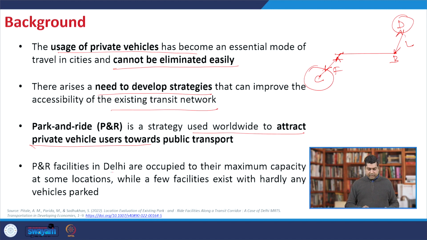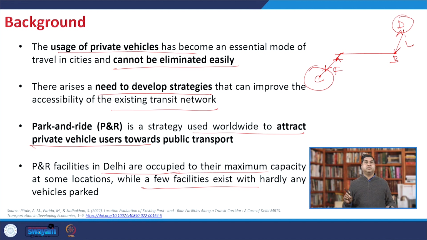Park and ride facilities in some of the places like Delhi, they have an extensive metro network and they also have certain sort of parking, keeping in mind that park and ride is to be promoted. And they have a fare system, they have some of the parking bays already made, but many of them are saturated, running at maximum capacity, while many of them also have no vehicle parked over there.